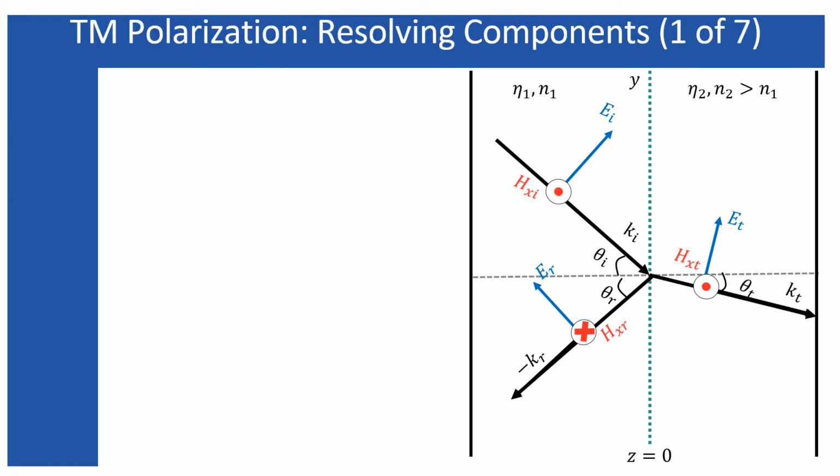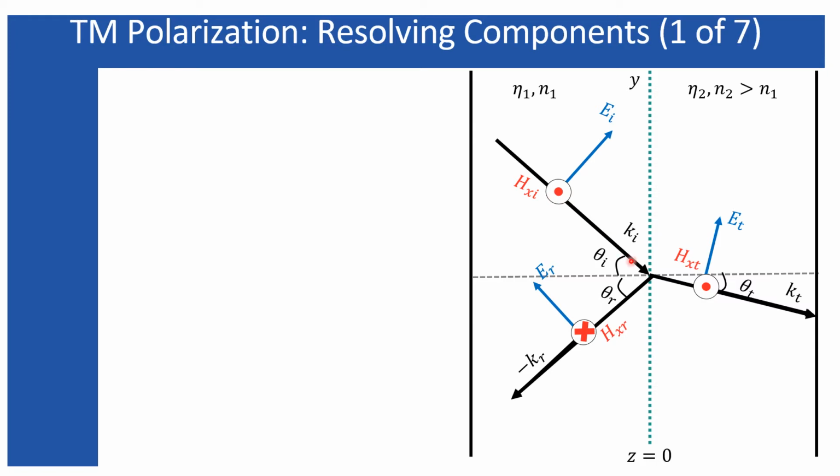First, I am going to consider the TM polarization and resolve its components. You can see from here that it is unlike the normal incidence case, where the wave propagation vector was parallel to the z direction and the electric field was parallel to the y direction.